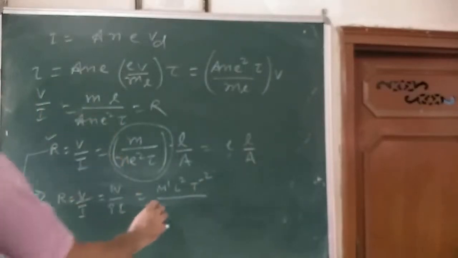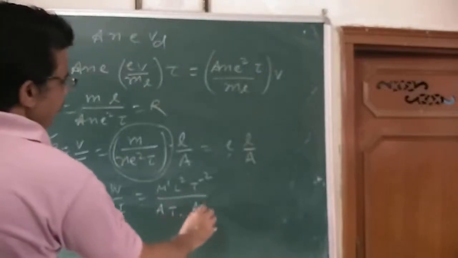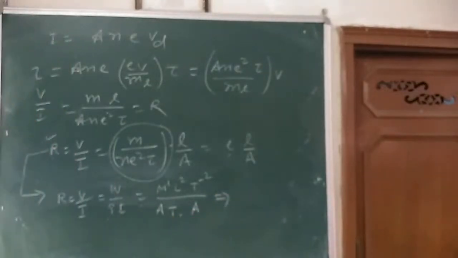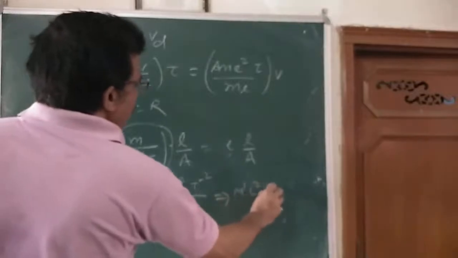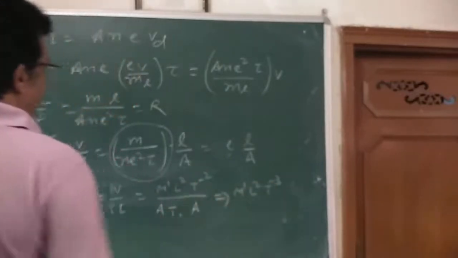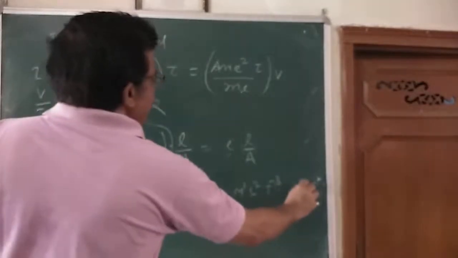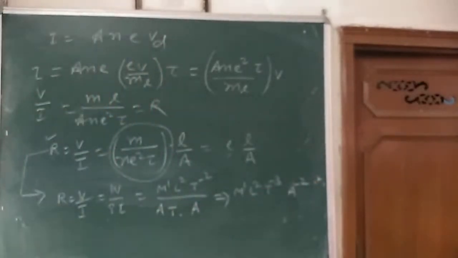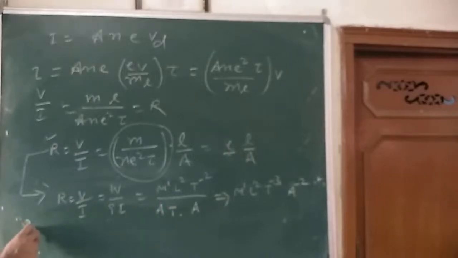Q is equal to I T, so that is A into T into A. So I can say the dimensional formula here is M1 L2 T minus 3, A minus 2. Okay, so this is the dimensional formula here. The new term that comes here is resistivity. So rho is called resistivity.